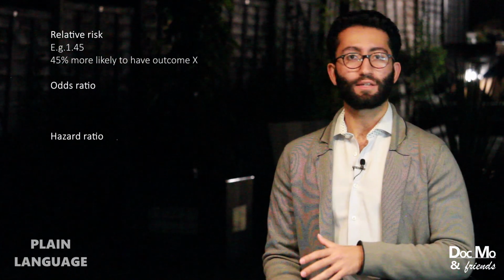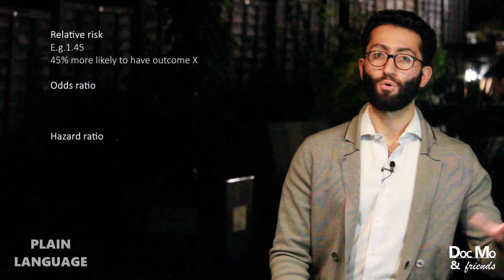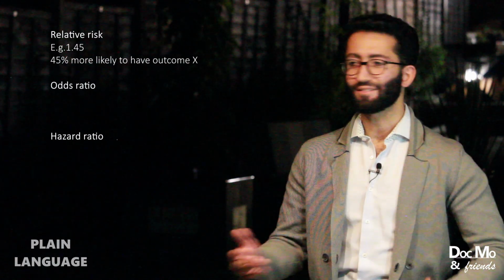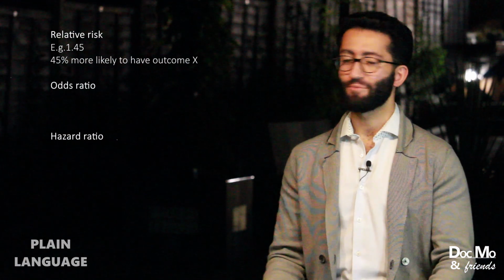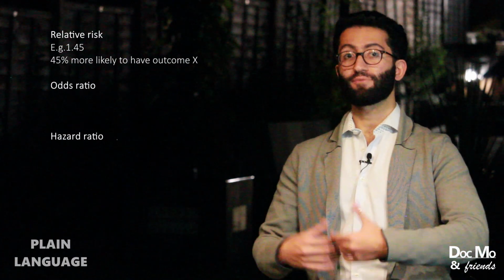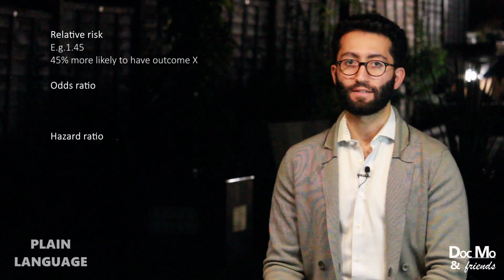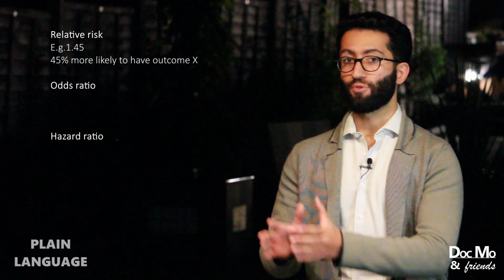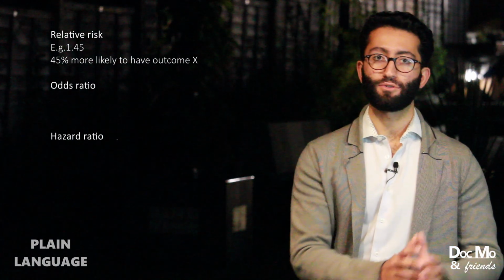We could alternatively say that in the group who drank coffee, they were 1.45 times more likely to have tachycardia, but that doesn't really make sense. That's not something that a patient would appreciate because it's not an easy way to interpret the data. If the relative risk was 5.1, it would probably be easier to interpret the data as patients in the group who drank coffee were 5 times more likely to have tachycardia than those who didn't drink coffee.